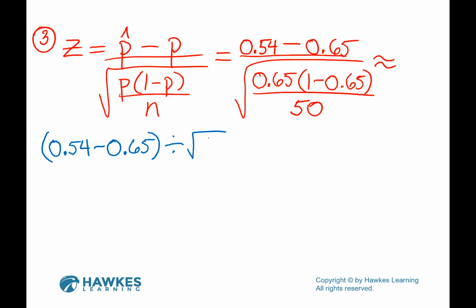Most scientific calculators, that comes with a parenthesis already. And 0.65 times 1 minus 0.65, and then divided by 50, close parenthesis, and then equals. Let's see what we get there.